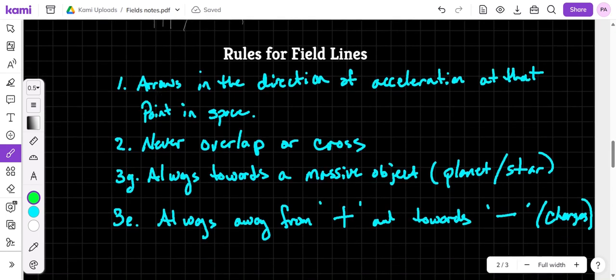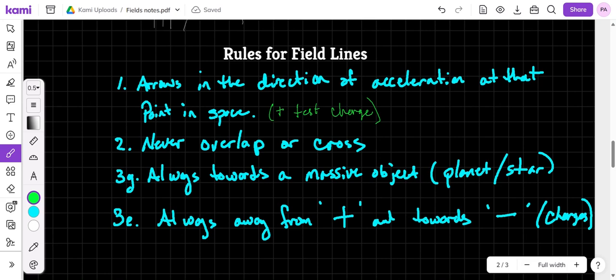Rule number 1: the arrows are in the direction of acceleration at that point in space for whatever your massive object is, or whatever your positive test charge. Right, so green is for our electrical ones. So, okay, a mass, because all mass is attractive, it doesn't matter if it's positive or negative.